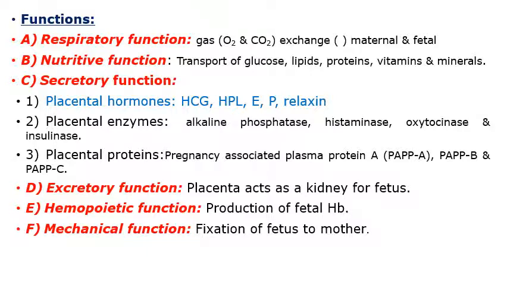It secretes hormones, which are human chorionic gonadotrophin, human placental lactogen, estrogen, progesterone, and relaxin. And the enzymes secreted are alkaline phosphatase, histaminase, oxytocinase, insulinase, and placental proteins, pregnancy-associated plasma protein A, B, and C.